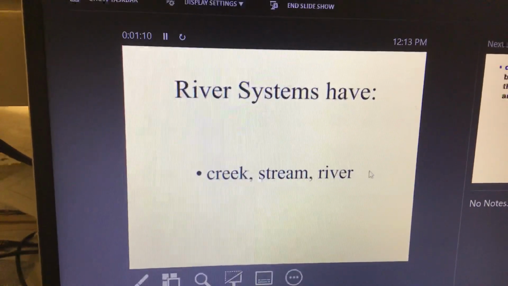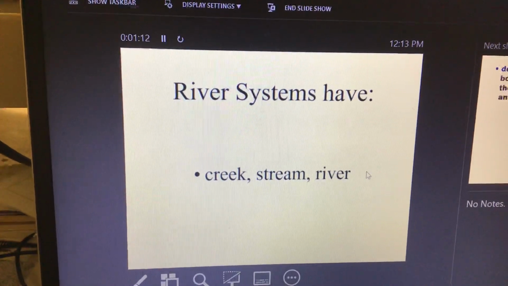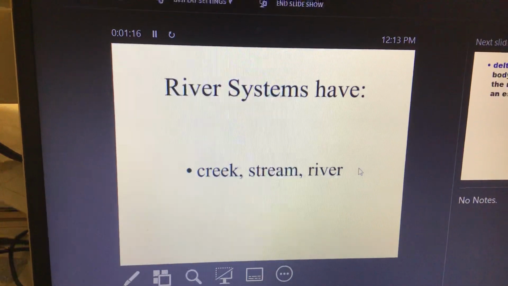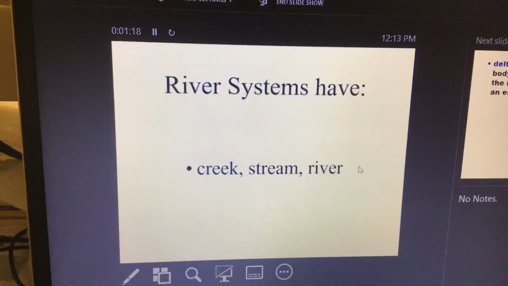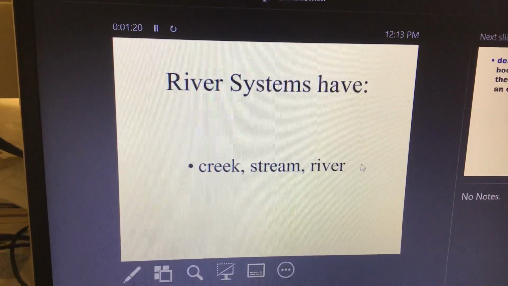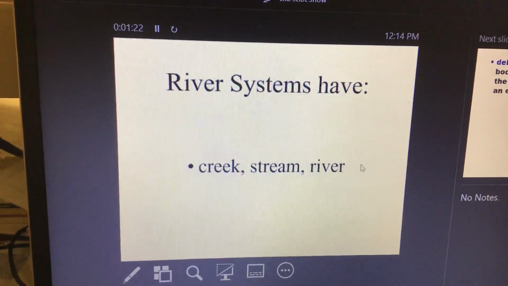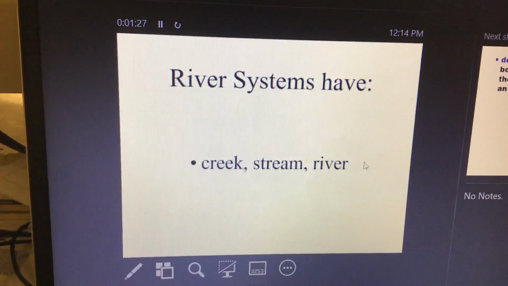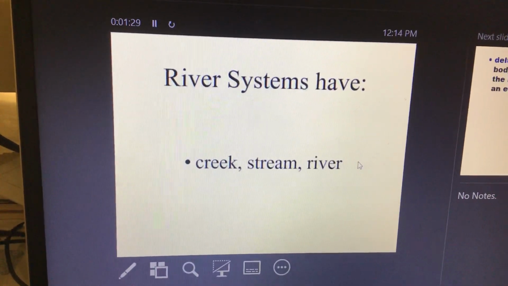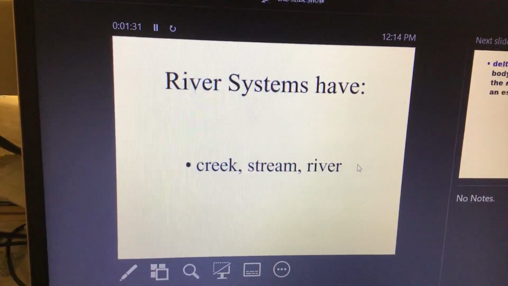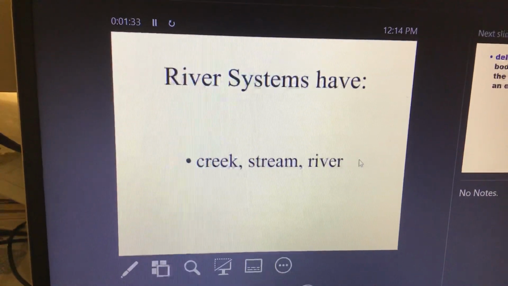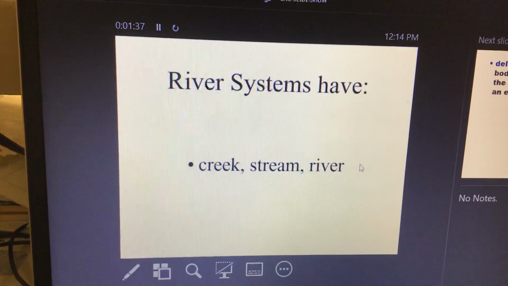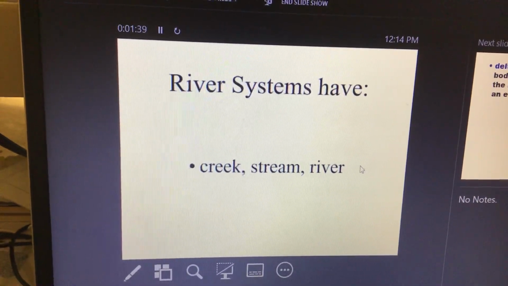The branches would be the smaller rivers that dump into it, like the Big Sioux, the Cheyenne, the James River. And then the little creeks and streams that dump into the smaller rivers would be like the twigs. So it'd be like the Skunk Creek and things like that. So small twigs would be like streams and creeks.